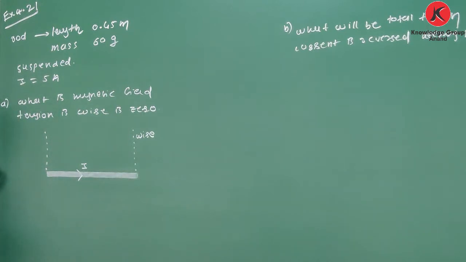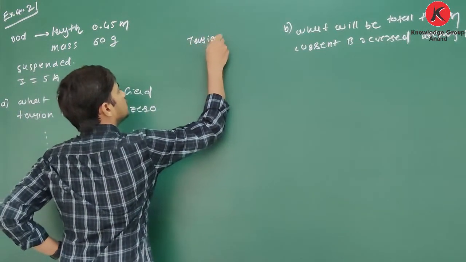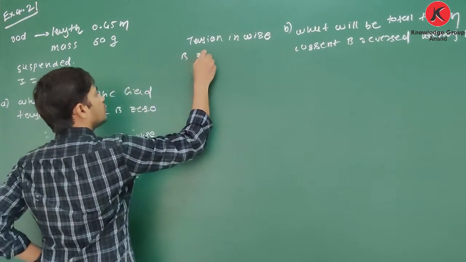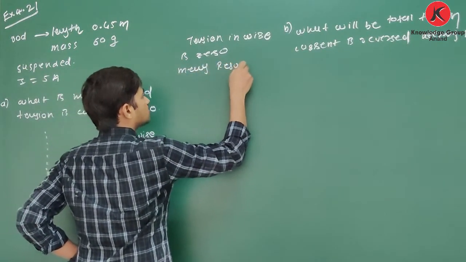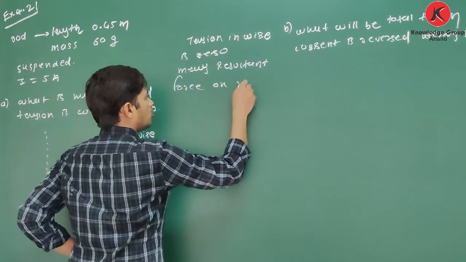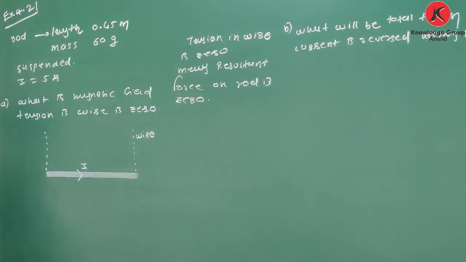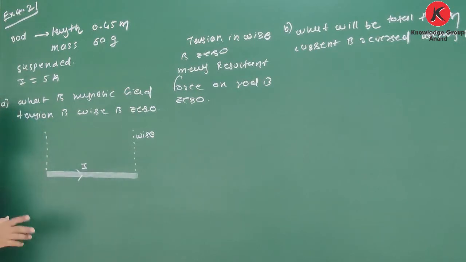Why is tension 0? Because there is no net force in the downward direction. If there is some net force in the downward direction, then and only then there is some tension in this wire.